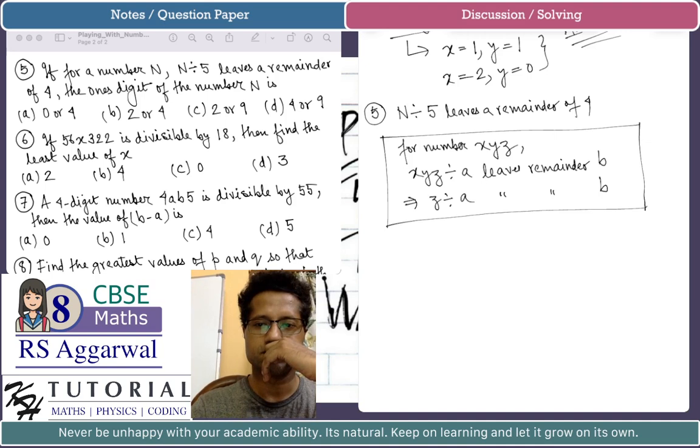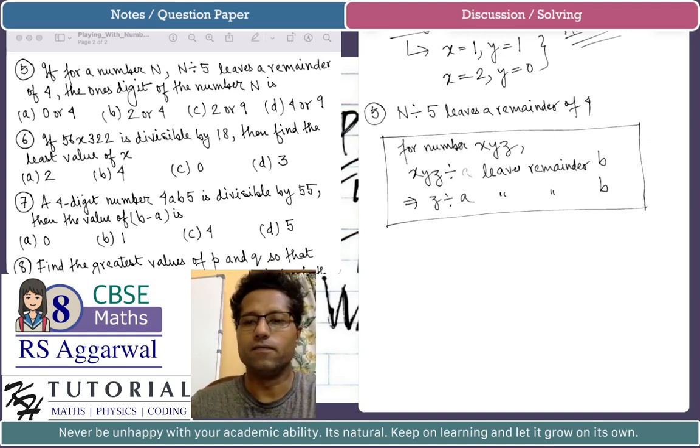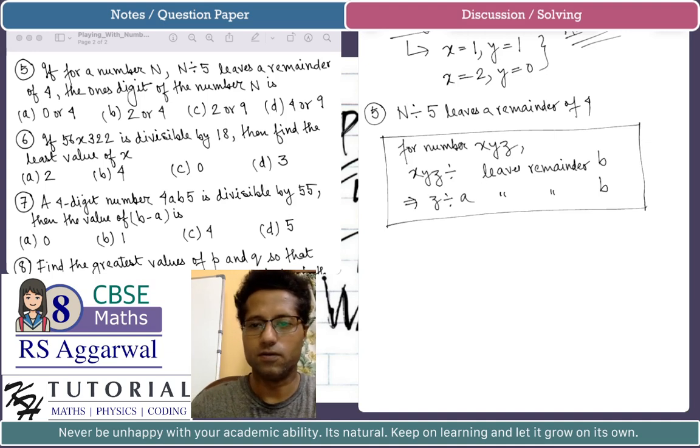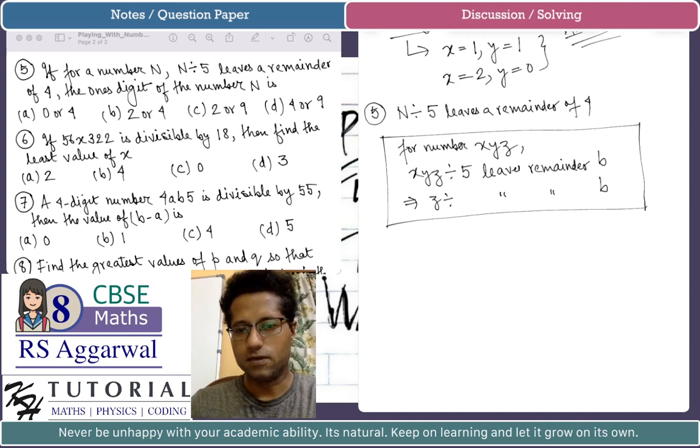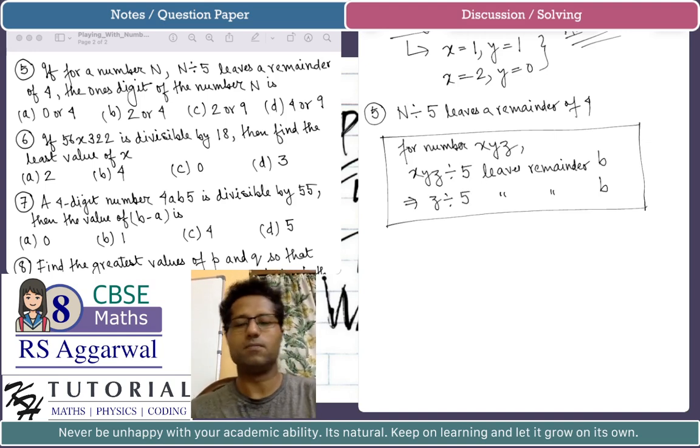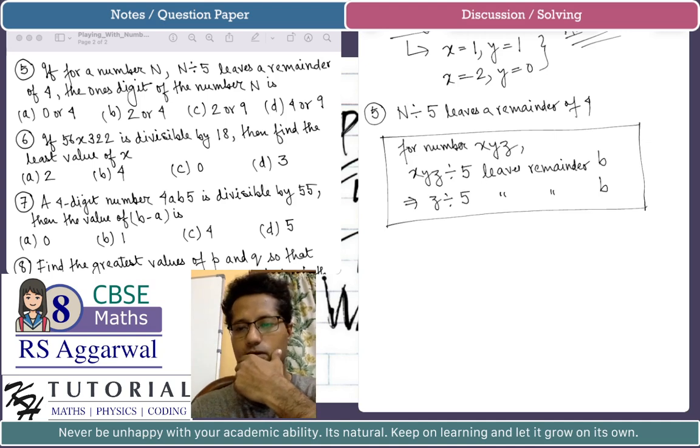No, sorry. This will only work for division by 5, not by any digit a. I'm sorry. So any number xyz, if you divide the number by 5 and it leaves a remainder b, obviously b will be something less than 5.